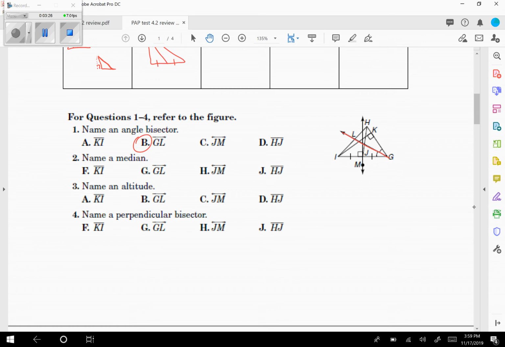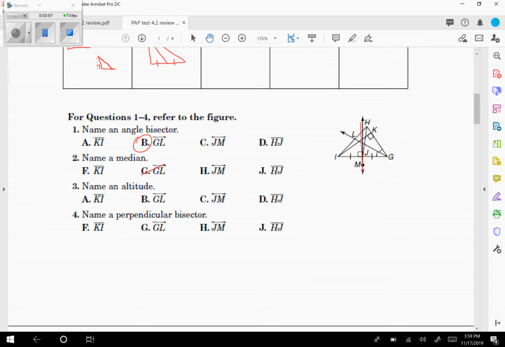Okay, another one we'll do is name an altitude. So let me erase that line that I drew there. Okay, name an altitude. So they say KI. Okay, here's KI. Could that be an altitude? Maybe. Let's look at GL. Could GL be an altitude? No, it's not at a right angle there, so get rid of that. JM. Okay, could JM, this line right here, could that be an altitude?